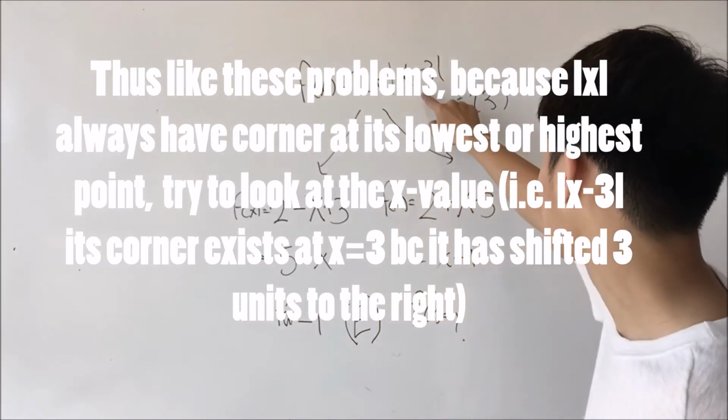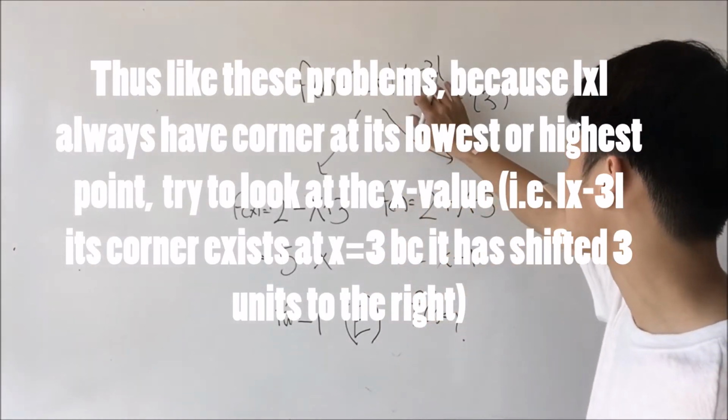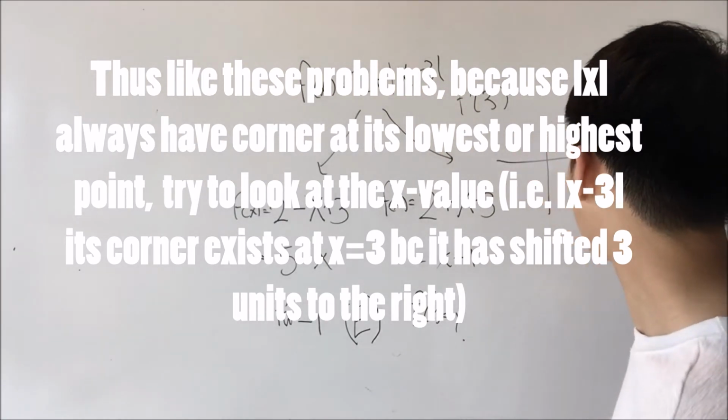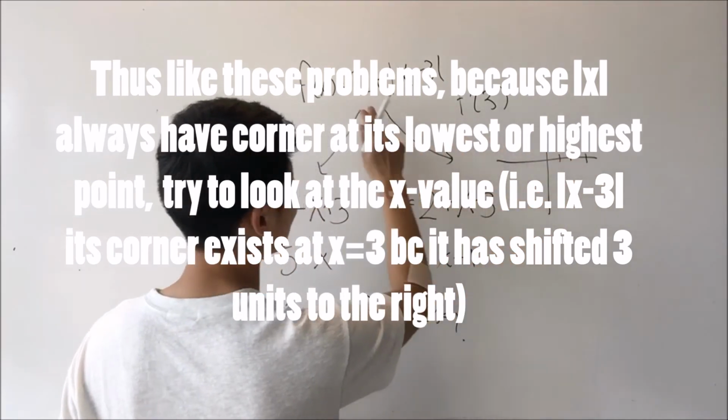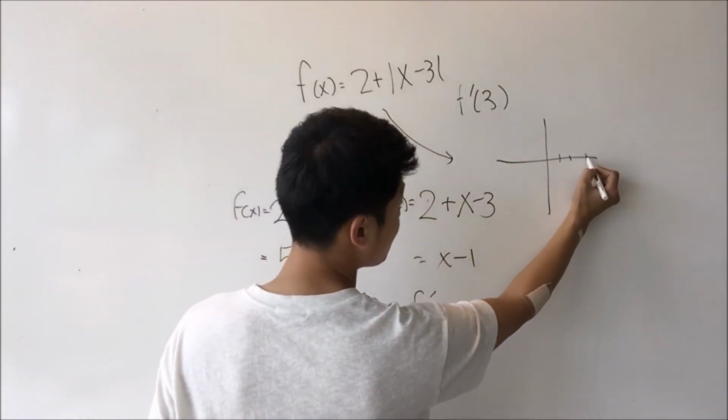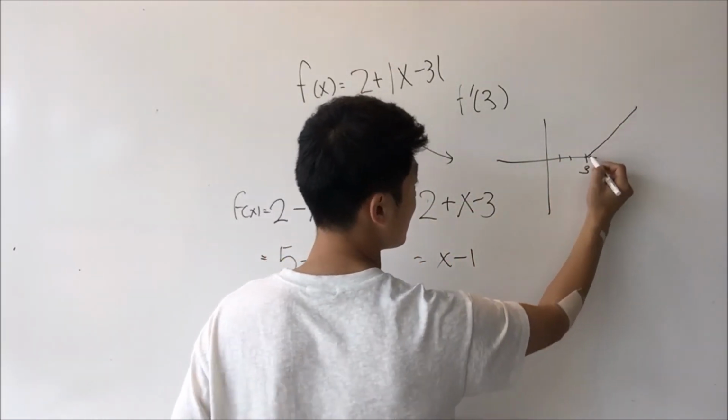Because as you look at it, x minus 3, so that means because it's inside the function, the graph will look like, can you see? Yes. 1, 2, 3, I'll ignore the plus 2, so don't worry. 1, 2, 3, at 3, it has this, right?